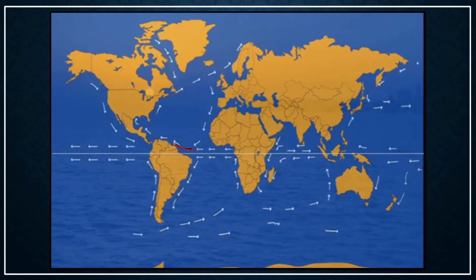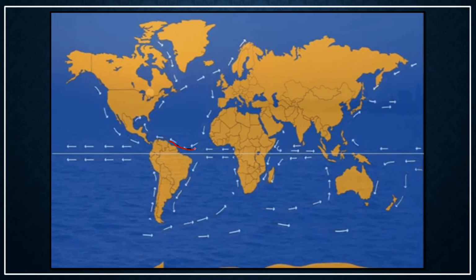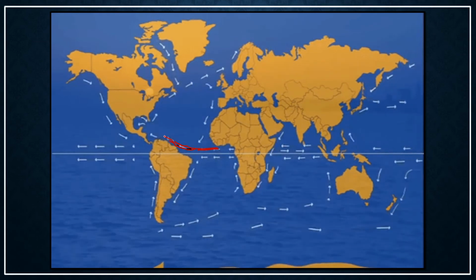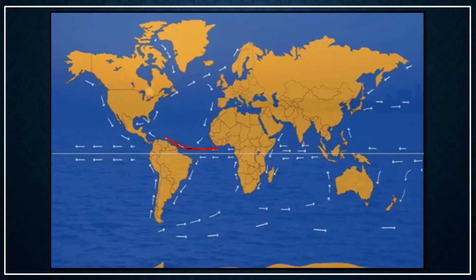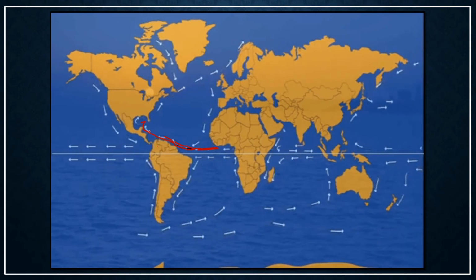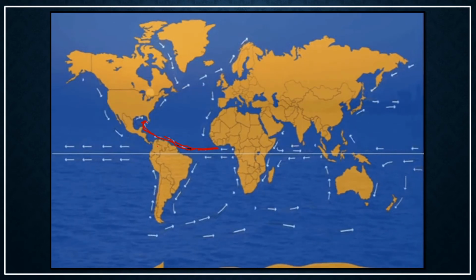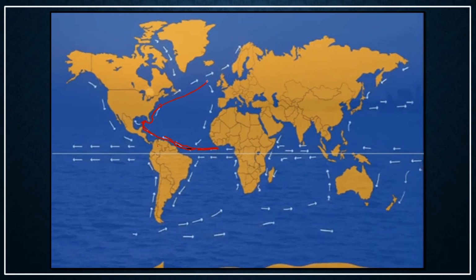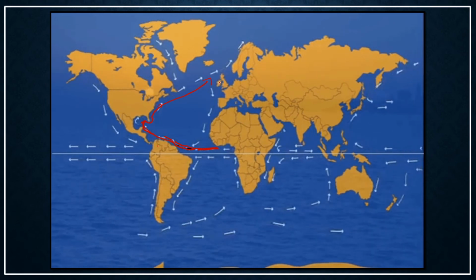It is a continuation of the North Equatorial Current, and hence it is a warm current. This is one of the strongest water. We have the Gulf of Mexico over here, and it moves into the Gulf of Mexico and moves further towards the east before moving like a drift towards the European continent.